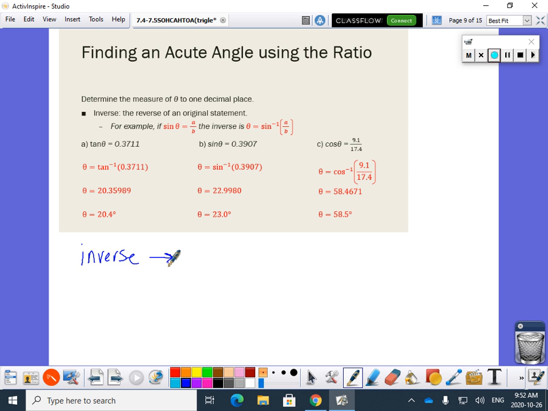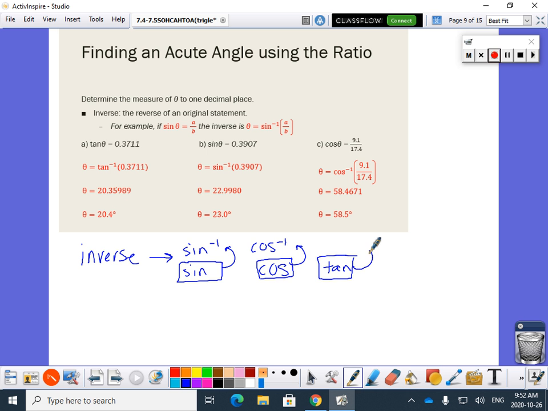Sine, the inverse is sine to the negative 1. Cos, the inverse is cos to the negative 1.